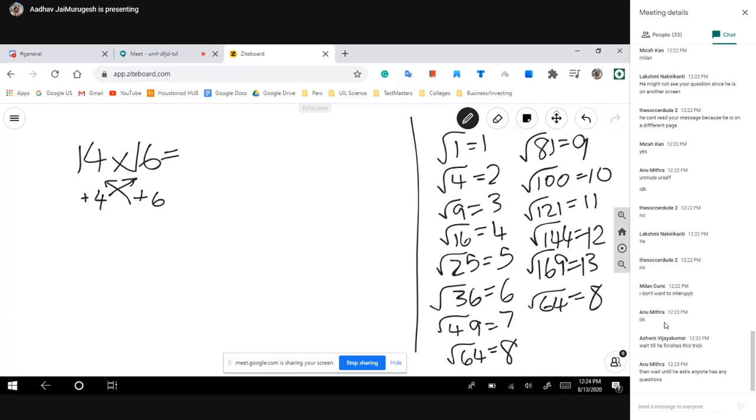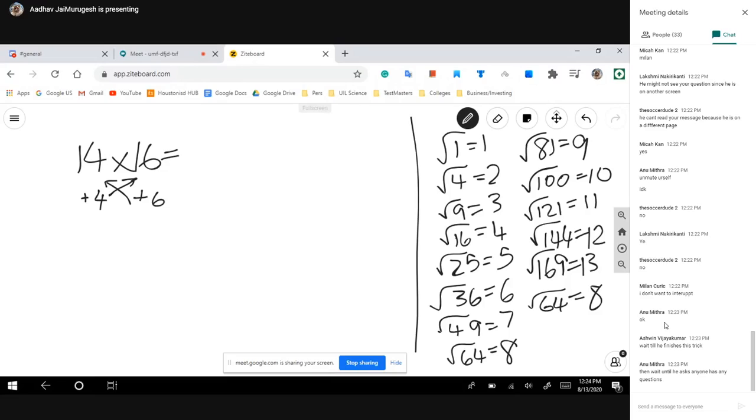As we go on with this trick, you'll find this is the case for any number that we choose below 20. So we can add 4 plus 16, or we can add 14 plus 6. It gives you the same answer.